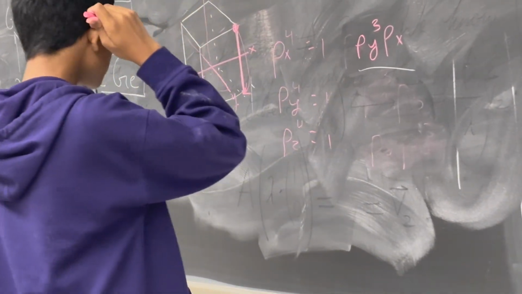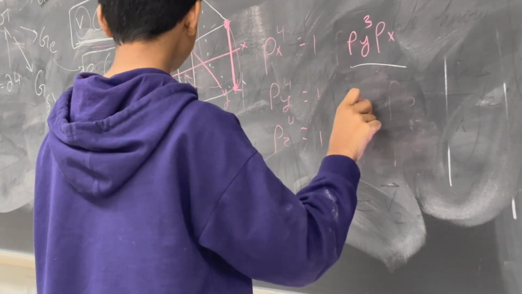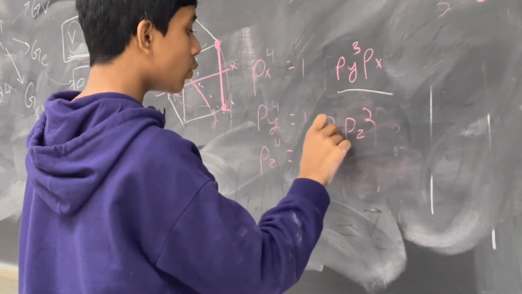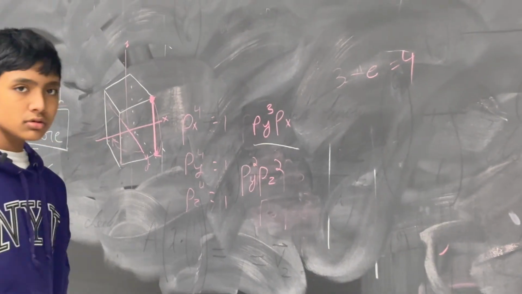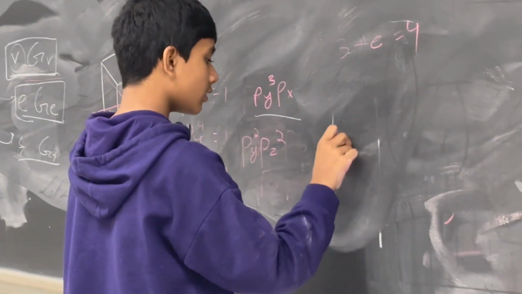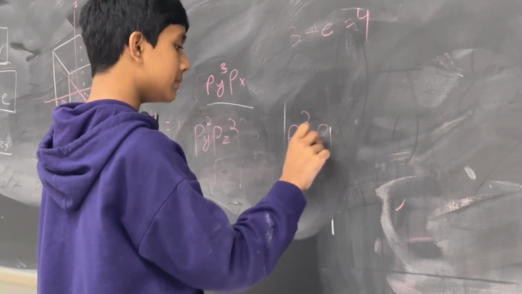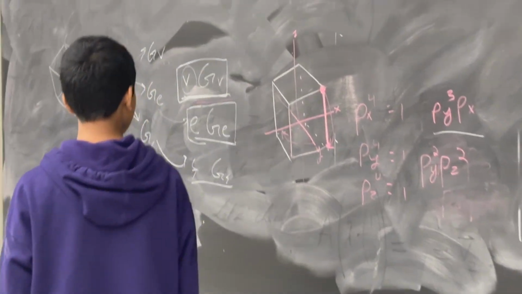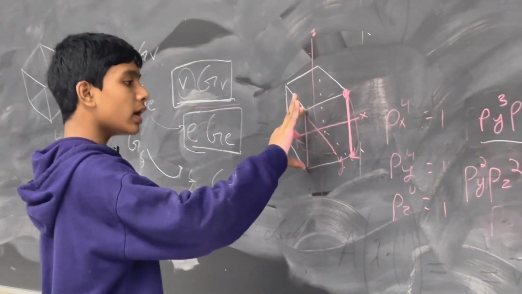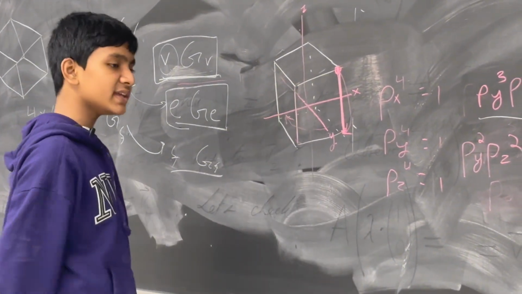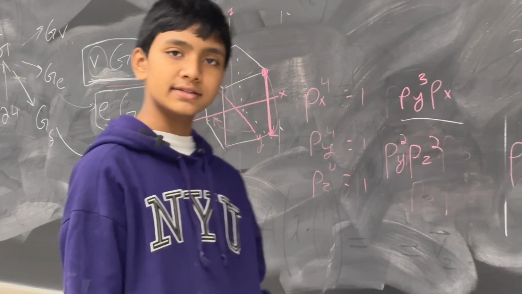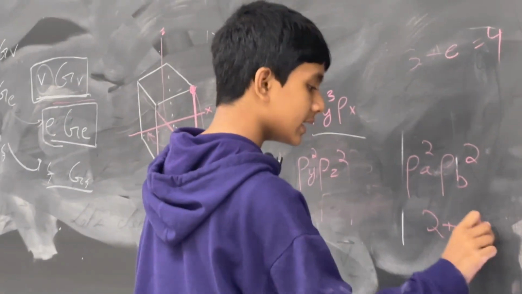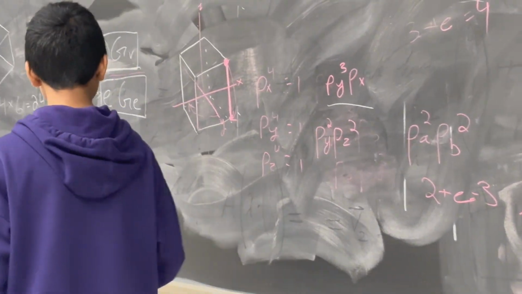So all you get is rho_z squared, rho_y squared. Anything of the form rho_A squared rho_B squared will conserve some edge. And of course, since one edge is part of 2 different faces, you can find 2 different ways to do this. Meaning it's 2 plus the identity, 3 different elements in G_e.